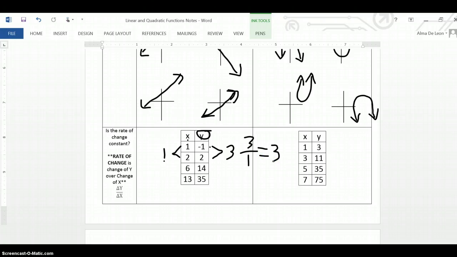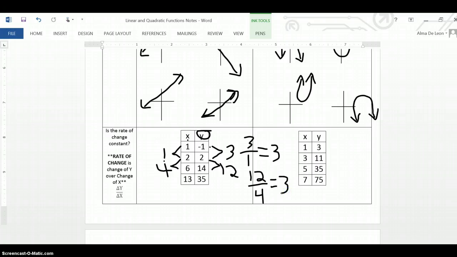If this is a linear function, then our rate of change would be the exact same, regardless of what points we're looking at. So let's look at another 2 points. The change between 2 and 6 is 4. The change between 2 and 14 is 12. If we want to find the rate of change using those 2 points, we would do 12 divided by 4, which is equal to 3.